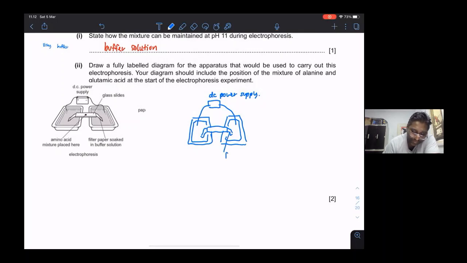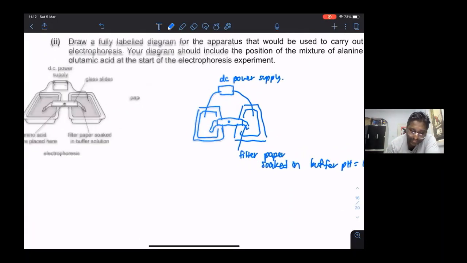Okay. So filter paper, soaked in buffer 11, pH 11. So here you put the amino acid. Yeah. So you see you are going to put a mixture of alanine and glutamic acid.